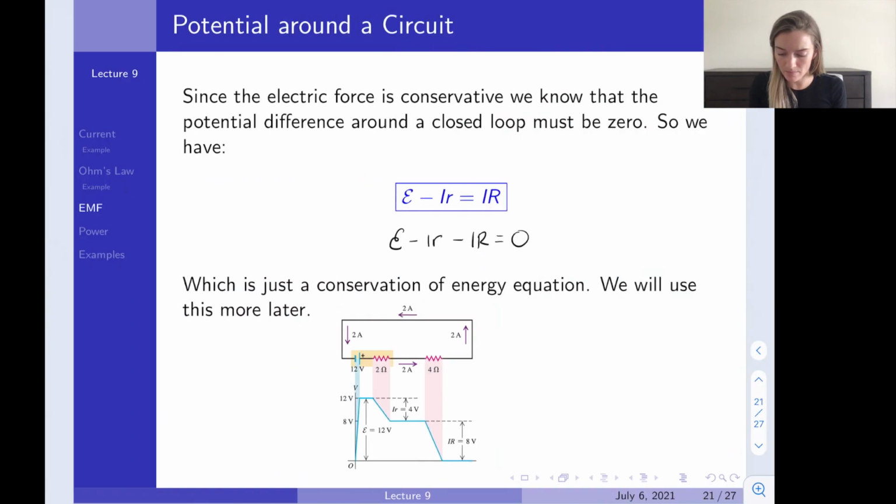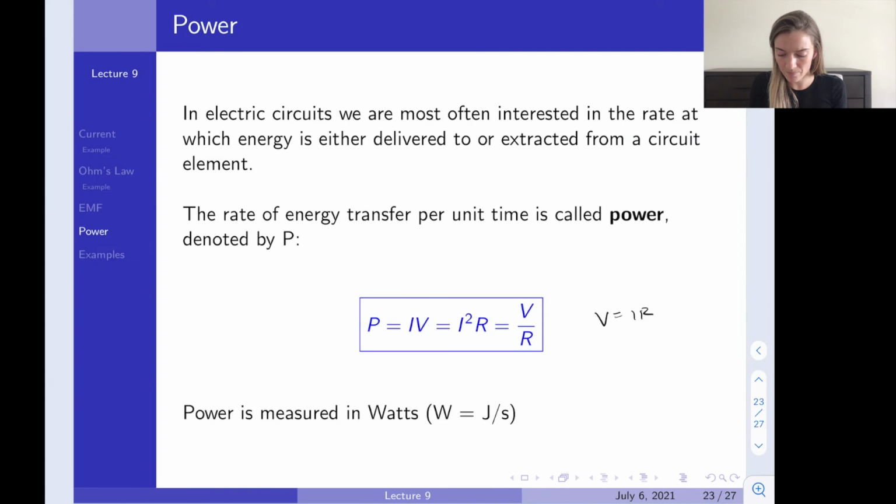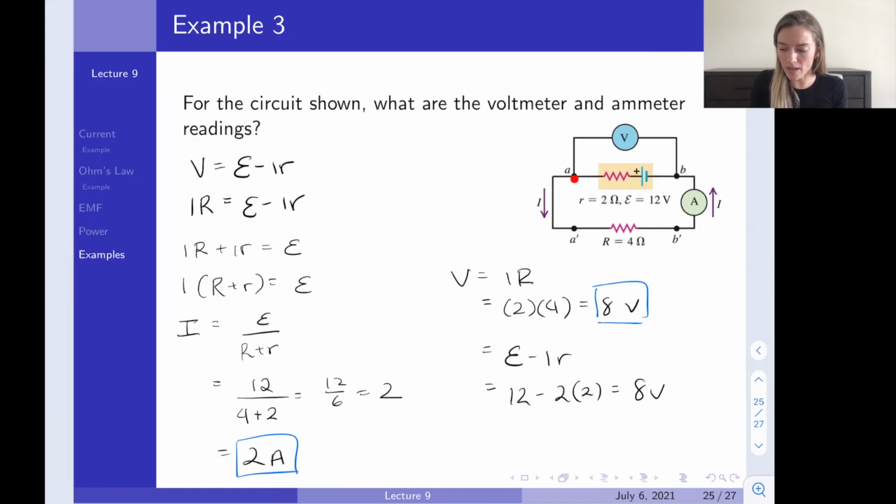So I know that my potential is higher over here than over here. Since the total potential across the whole circuit has to be 0, as long as you know it's higher over here than over here, it doesn't matter which way you calculate it. Your answer has to be positive either way.